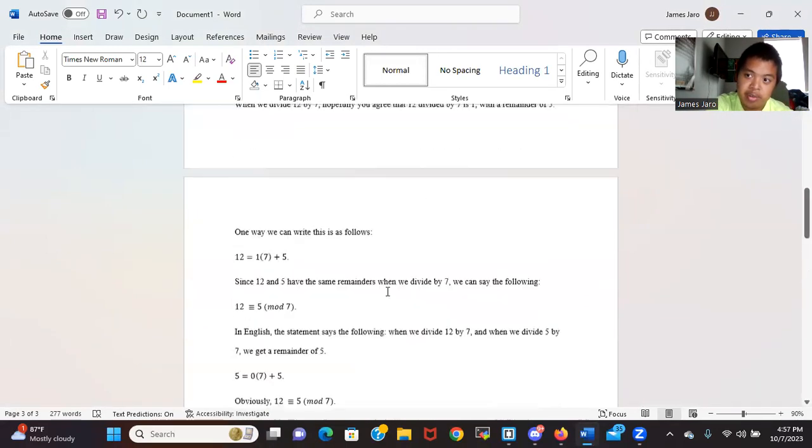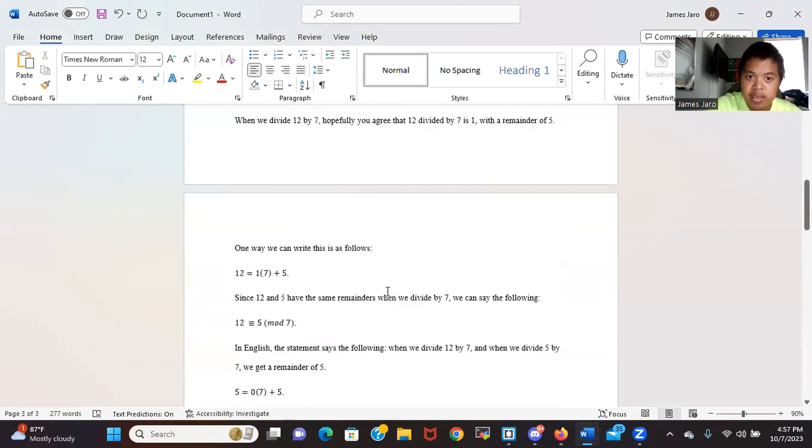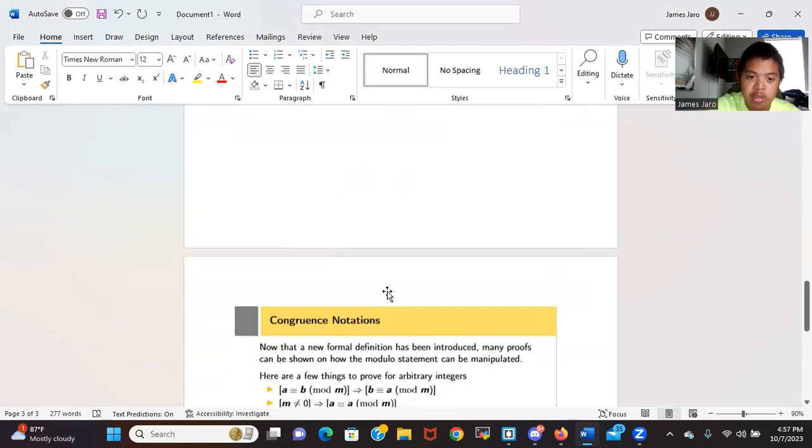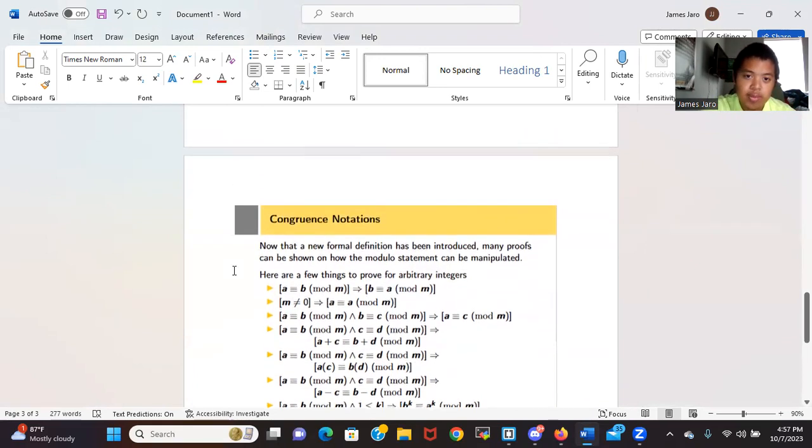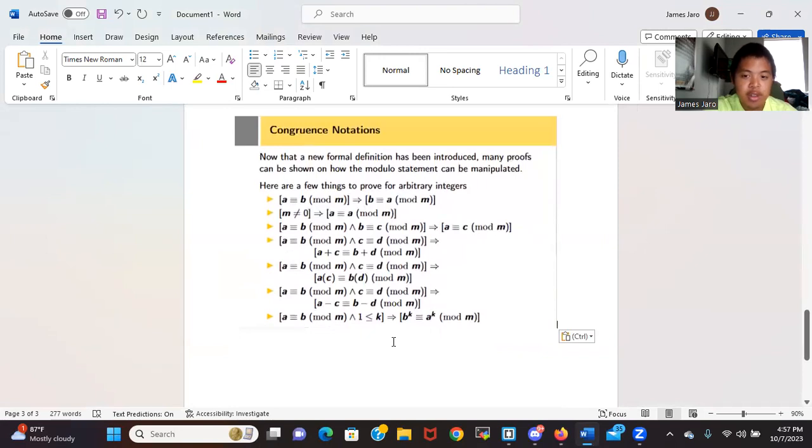Now that we know how this works, basically what we're saying when we're talking about modulo is that A and B have the same remainder when divided by M. We can say quite a few things based off that modulo statement, but the property I'm most interested in is the final bullet point.